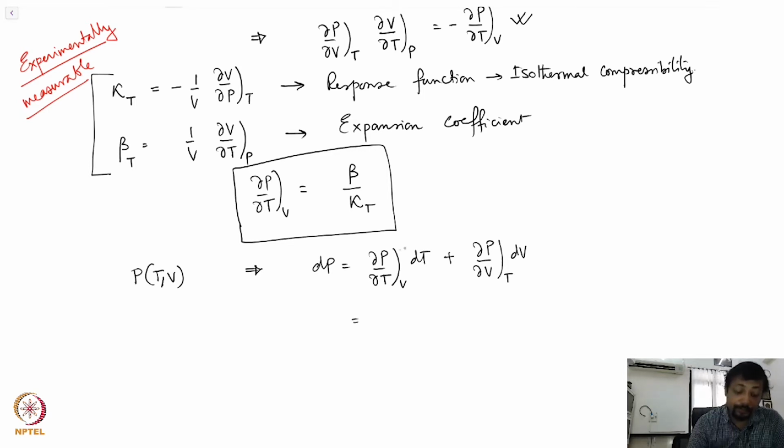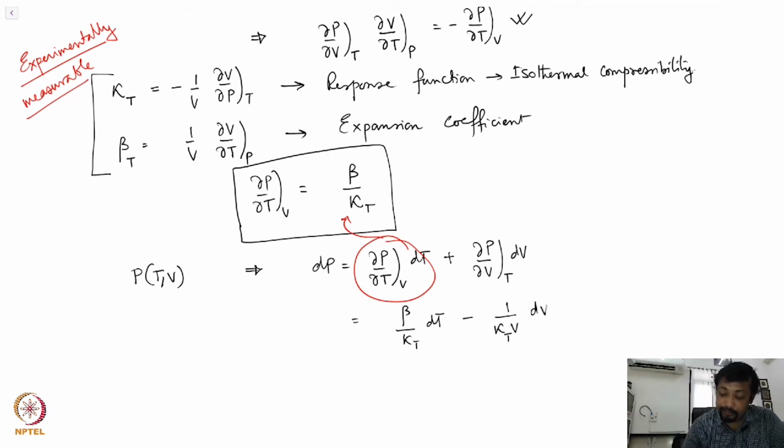The first term is the one which I have calculated just now. Therefore it follows that dP is beta over kappa T dT minus 1 over kappa T V dV.